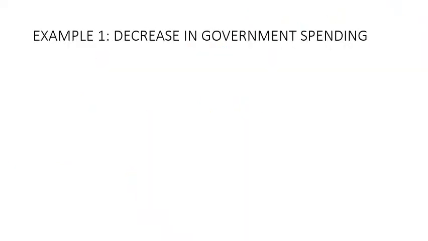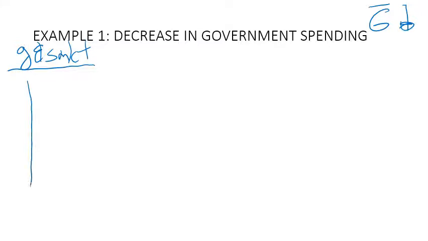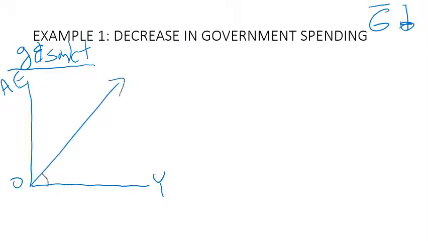Example 1, a decrease in government spending. Let's assume that we're dealing with autonomous government spending. So first we go into the goods and services market. Aggregate expenditures, national income, 0. The now famous 45-degree help line, along which aggregate expenditures are equal to national income.